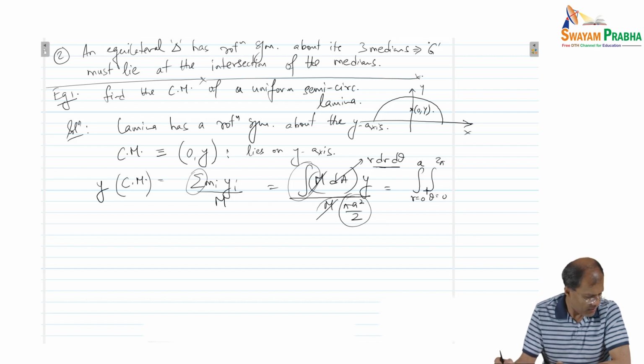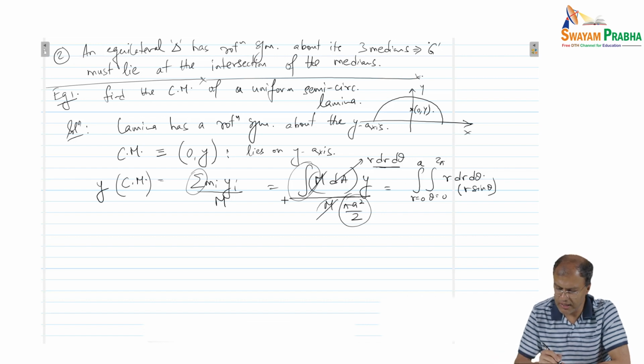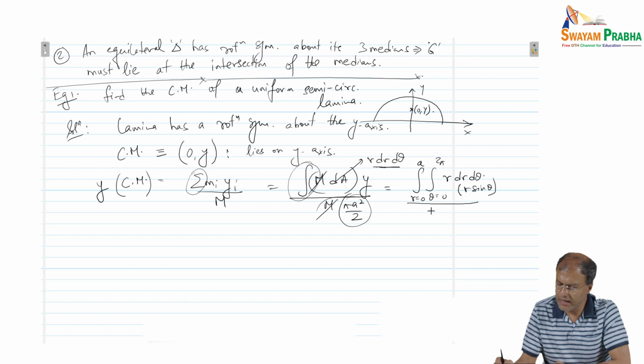After substituting everything, r dr d theta times y, where y is r sine theta, so we are changing everything to polar coordinates, and divided by pi a square by 2, right?